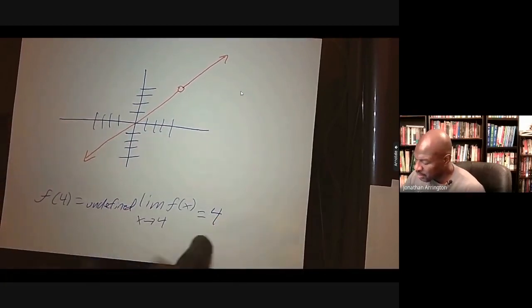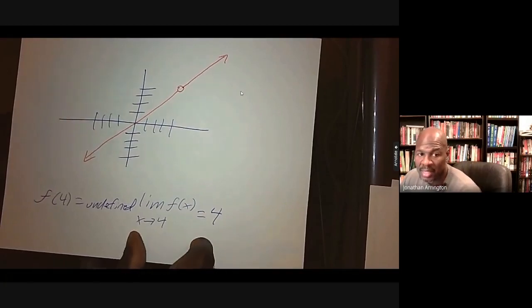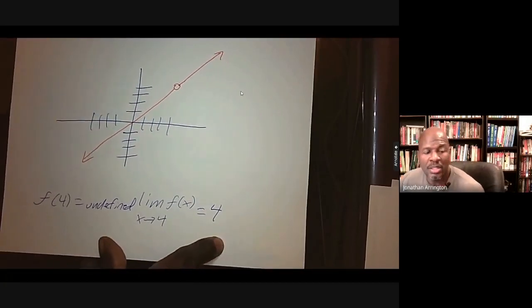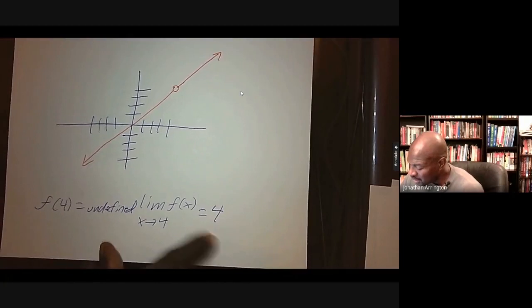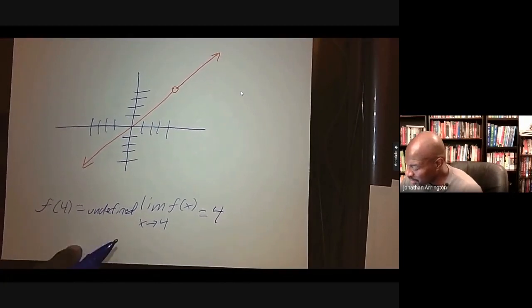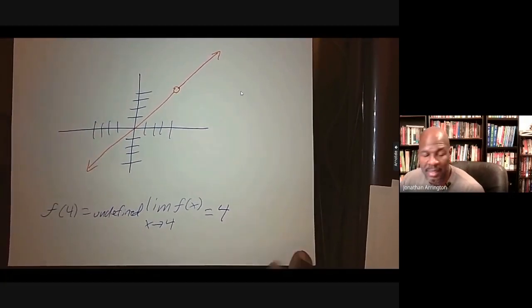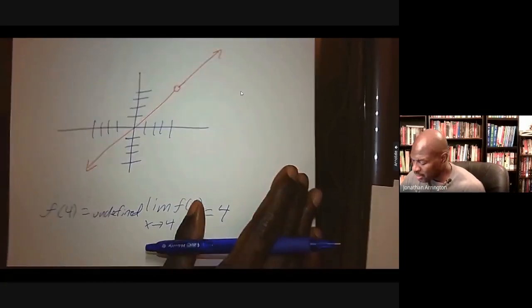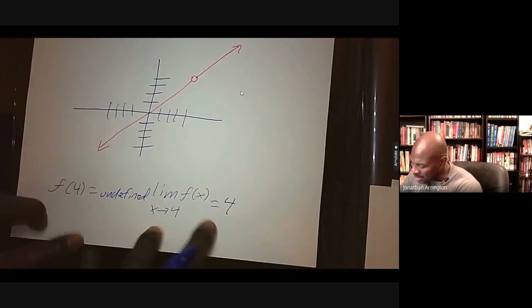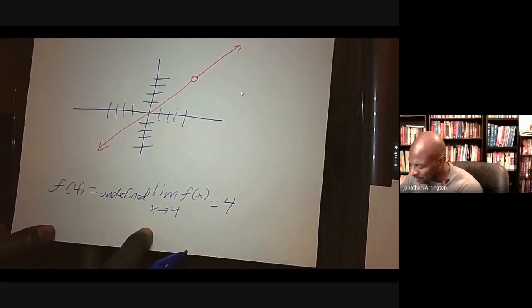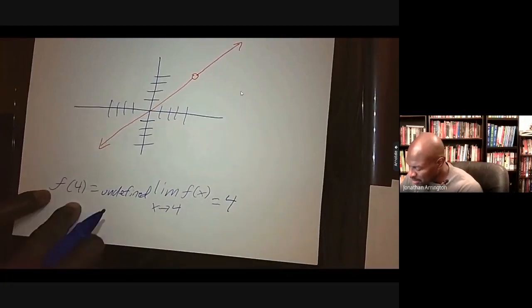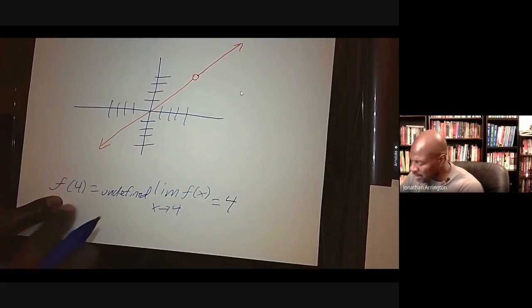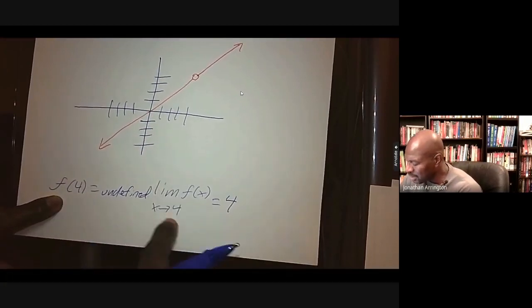But you see, it has no bearing on whether the limit exists or not. Some people have the false misconception that if the value at the point is undefined, that means the limit does not exist. Not true. What you've been seeing here are two independent operations. f of the number has no impact on the limit as x goes to the number.